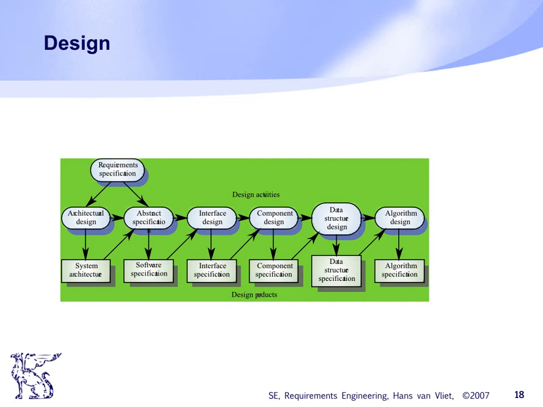From software specification we will start our interface design. In interface design we identify the various interfaces that connect two different subsystems, and how they are interrelated with each other. The outcome of the interface design is interface specification.